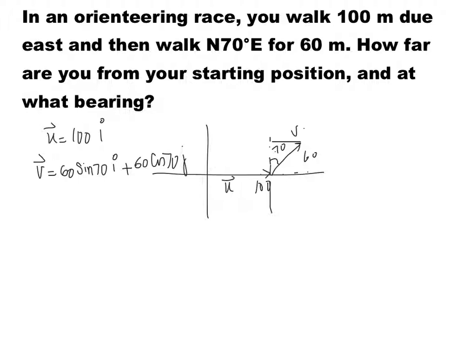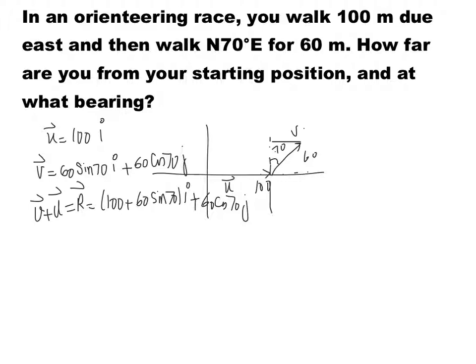Now to add them up, I'm going to say v plus u, which is my resultant r, is going to be 100 plus 60 sine 70i plus 60 cos 70j.